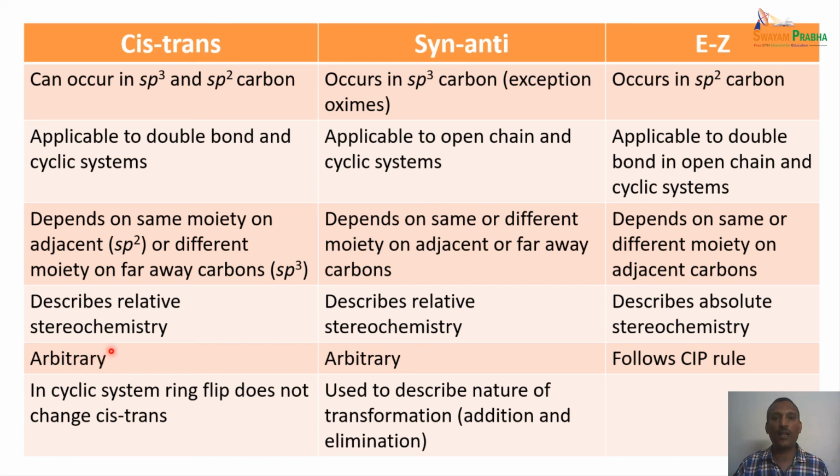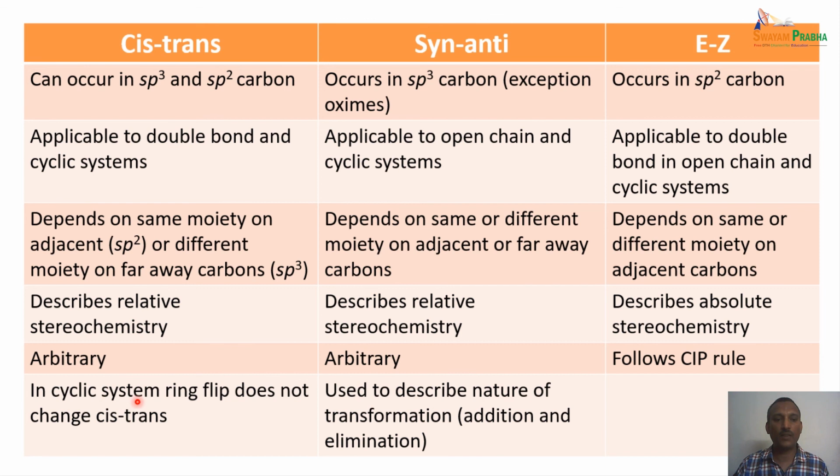These are basically relative terms, because if both the groups are on the same side or on the opposite side, this is arbitrarily assigned. The same way Syn-Anti is also assigned arbitrarily, but in the case of E-Z nomenclature, we generally follow the CIP rule, that is the Cahn-Ingold-Prelog rule. So this is a more accurate one, or an absolute assignment of stereochemistry.